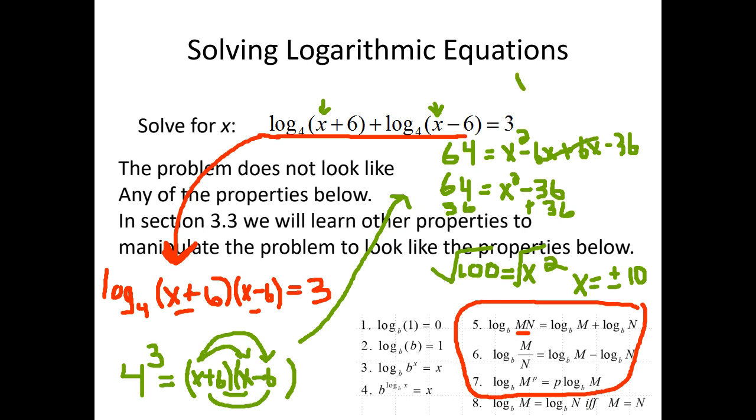That means that x equals 10 is a solution, and then we need to check negative 10. So if I plug in negative 10 for x, I get negative 10 plus 6 is negative 4, and that is not greater than 0. That means that x equals negative 10 is not a solution. So your only solution would be x equals 10.